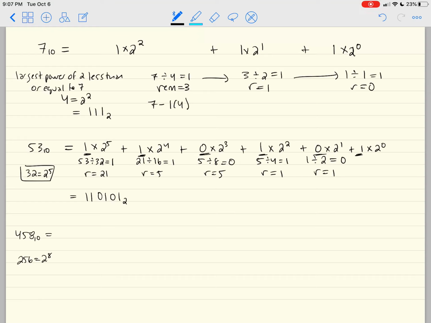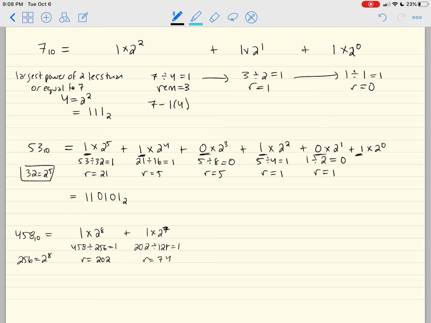All right, so my first division is 458 divided by 256, quotient of 1, remainder of 202. So that gives me my first binary digit. The remainder gets pushed on. 202 divided by 128 is a quotient of 1 and a remainder of 74.